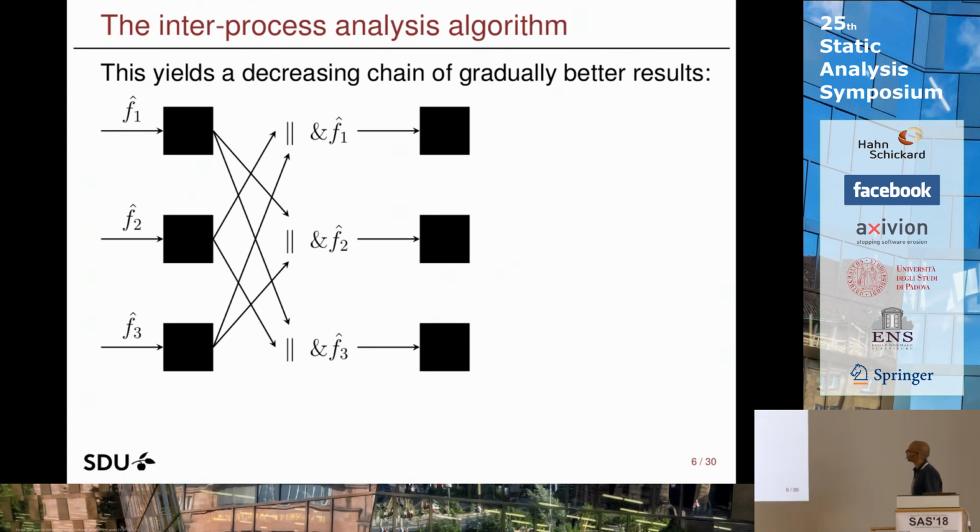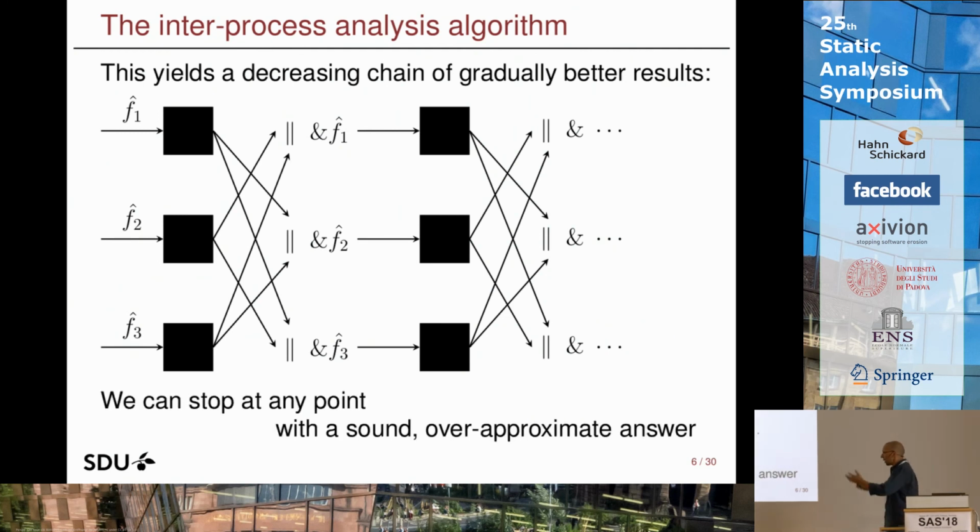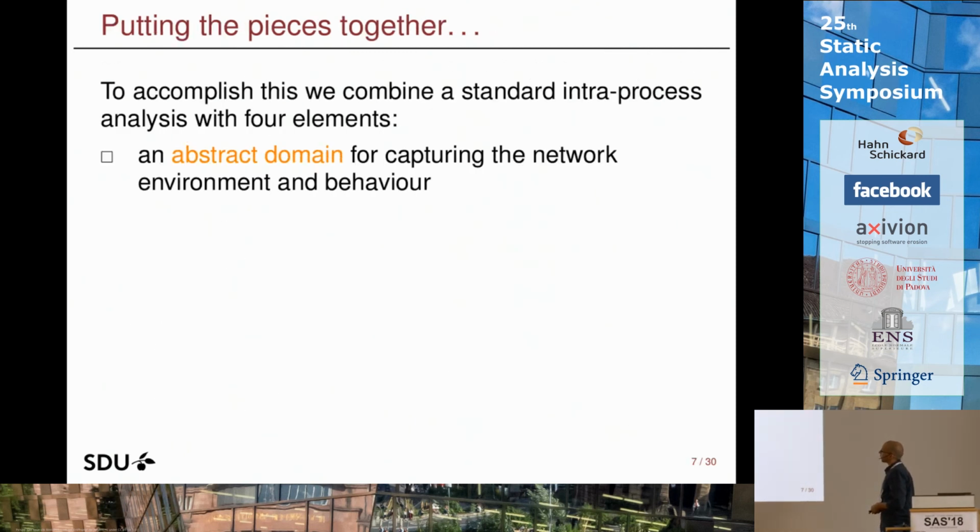Right, so that's one round more, and you can go on like that. So at any point we can stop. As long as we started from something sound, if, as you saw in the tool, it discovers something that should give rise to a warning, we can stop. We don't need to refine anymore. All right, so that's the setup.